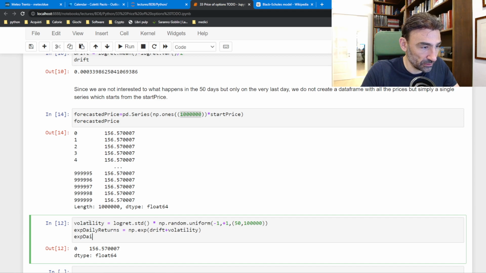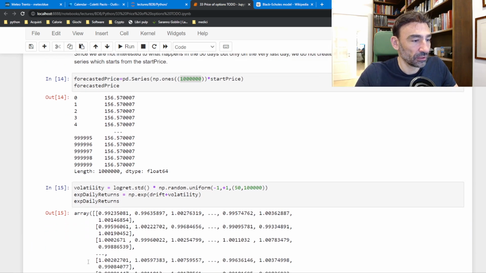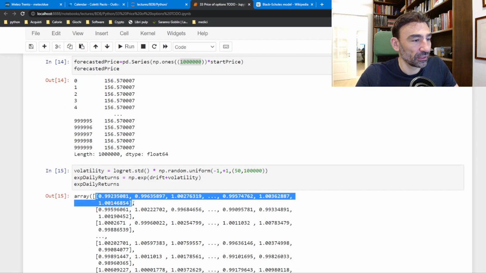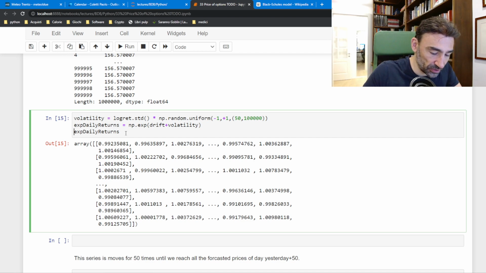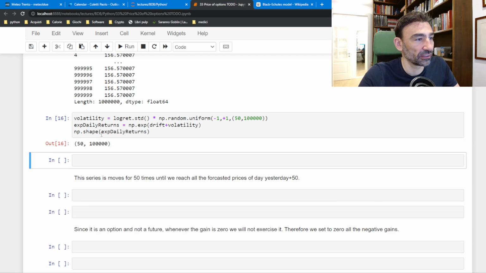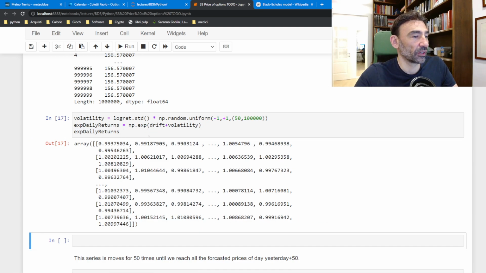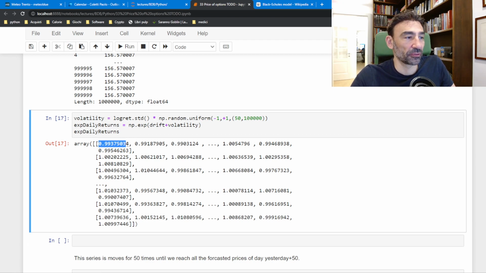Okay, so we have, what's the size here? 50 rows and 100,000 columns. np.shape will tell you the shape of this object here. 50, 100,000. Okay, so these are the modifications with respect to the previous day.